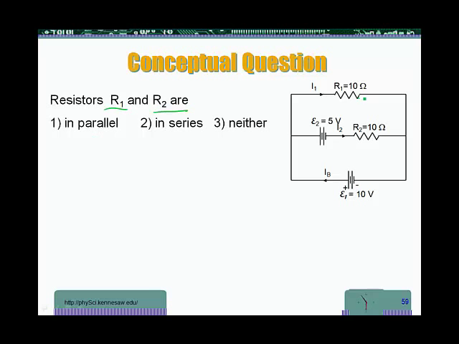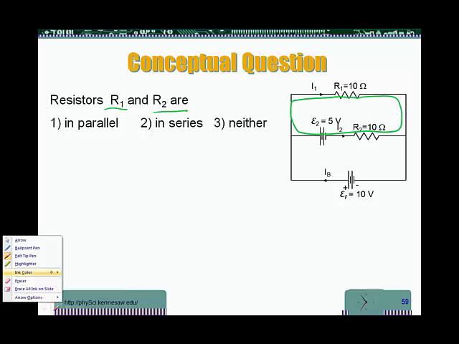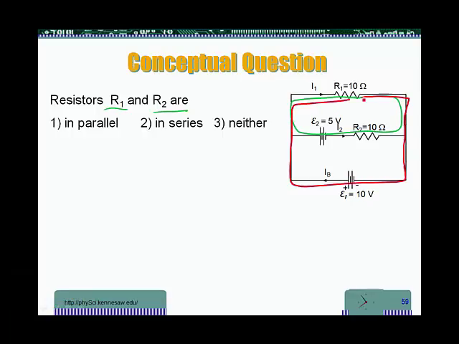Let's start with one loop here. Perfect, it has both of them. Now let's start another loop. This one has R1 and not R2, so they are not in series.